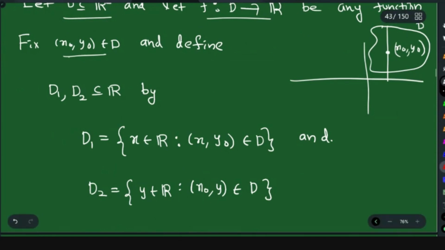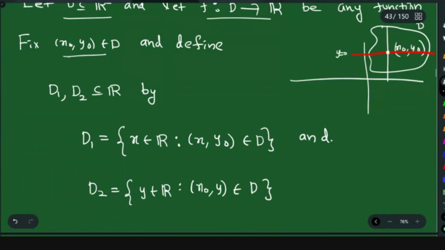And if you have another line, this one is D2, and this is D1. Here the y coordinate is fixed, y is always y0.